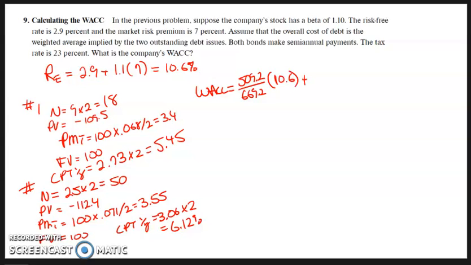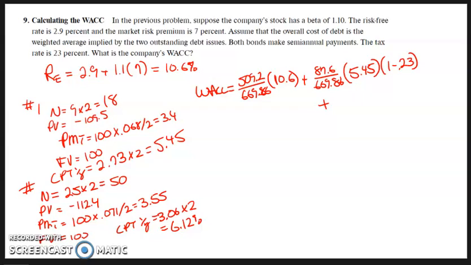Plus, I'm going to do these separately. The first debt issue was 87.6, divided by the market value 669.86, that is 0.86, and then we multiply that by the yield to maturity, 5.45, times 1 minus the tax rate, 0.23.